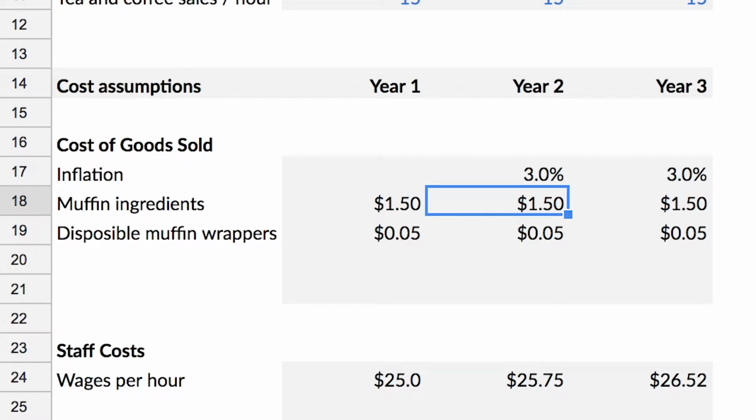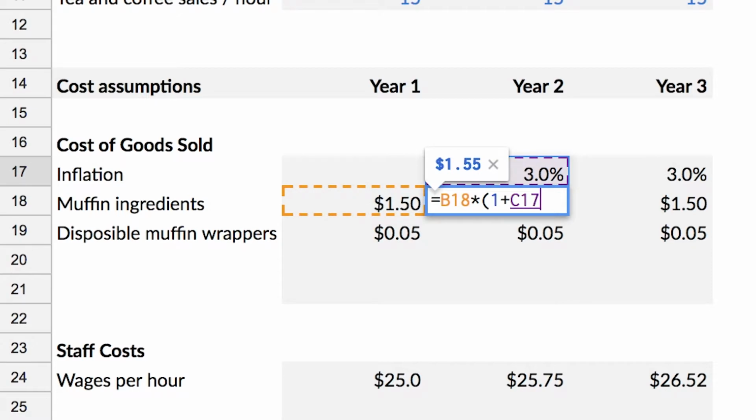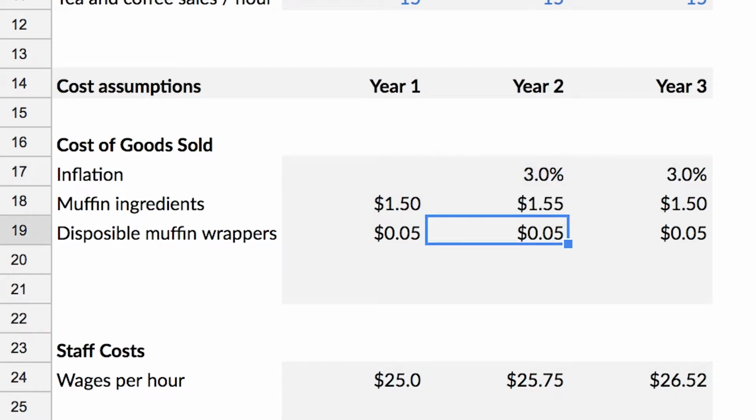How does inflation work? Inflation of 3% means our costs are going to go up by 3% in year 2. So the formula for that would be taking the initial assumption of $1.50 per muffin, multiplying it by 1 plus the inflation factor. So we're saying we want to take that $1.50 and replace it with 1 times, but add the 3% growth.